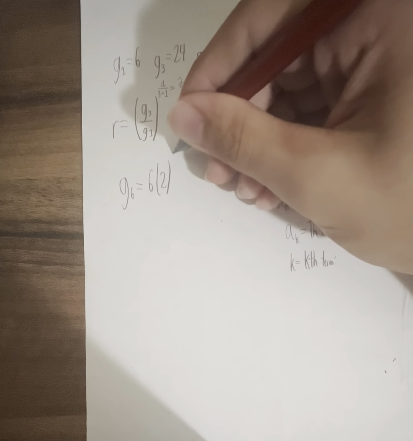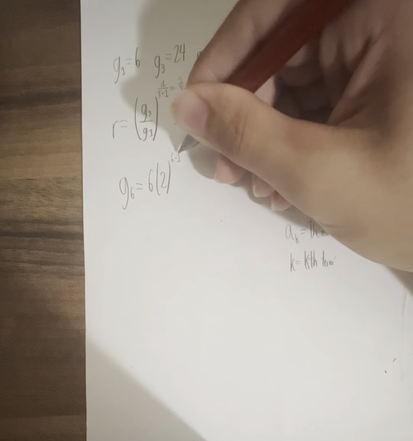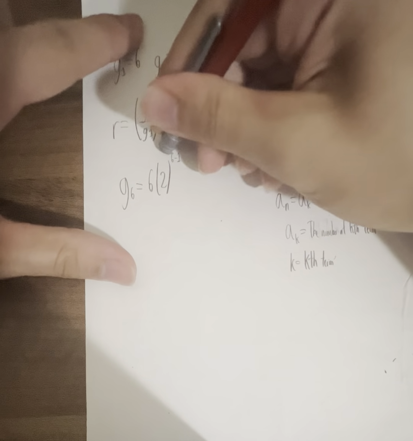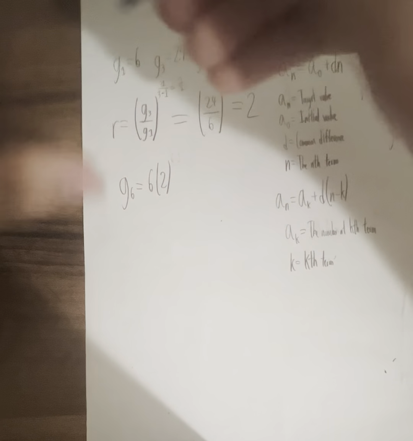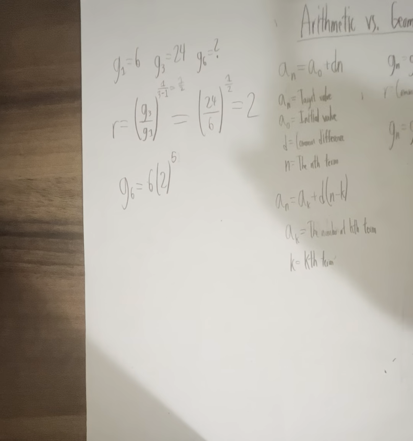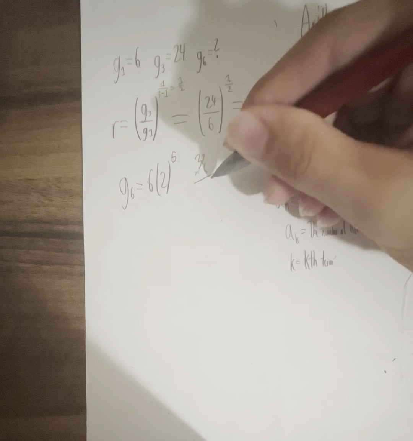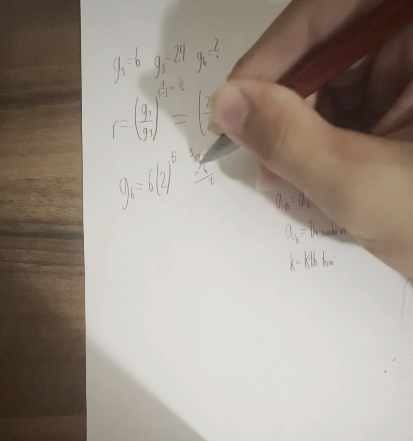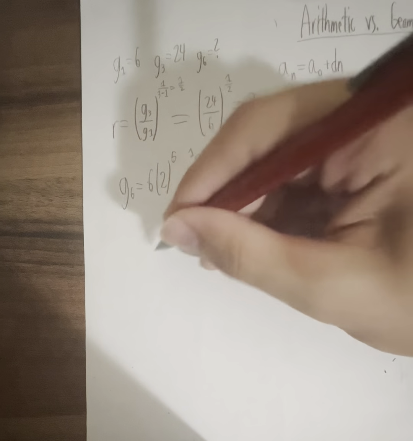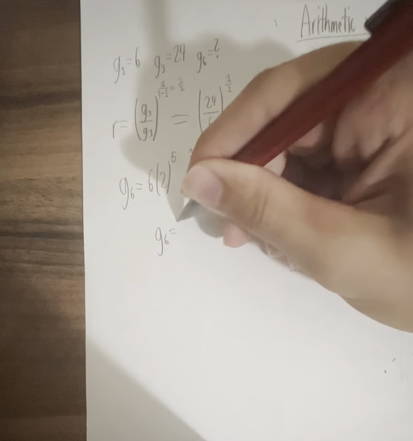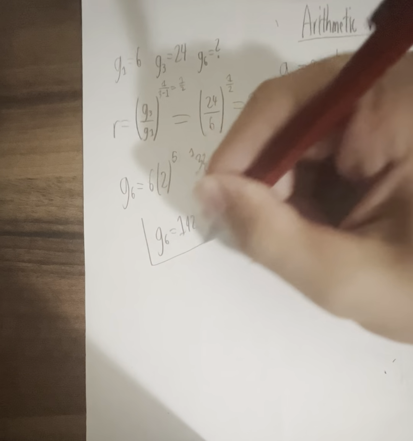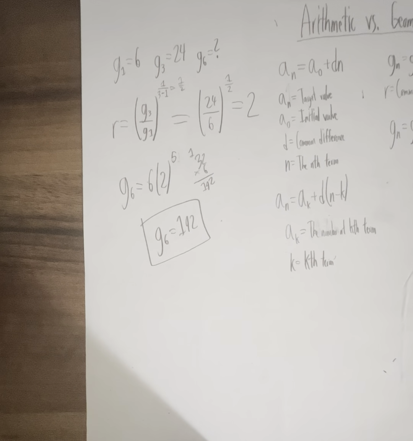So that would be 6 minus 1, which simplifies to just 5. 2 to the 5th power is 32. 32 times 6. And here's your answer. g of 6 equals 192.